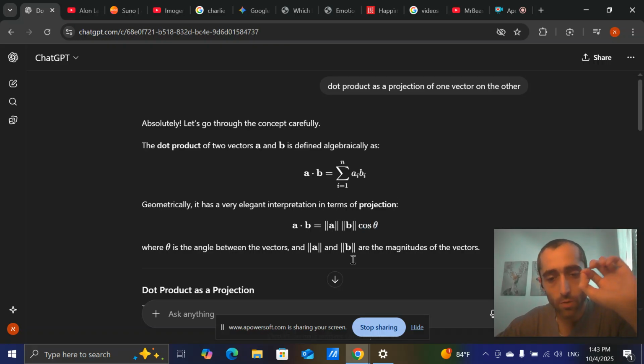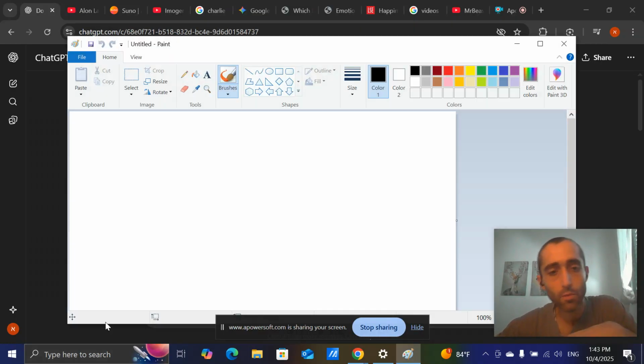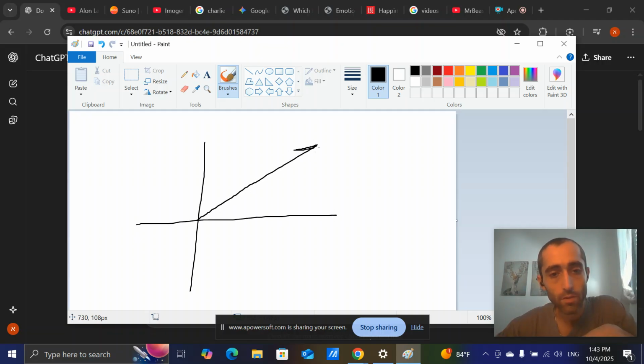So just for you to see this beautiful way to see the projection, think about two-dimensional Cartesian space, where here is A. You can see my writing is very, very beautiful. And this is B, okay? Now, theta is between those two vectors. Here it is.